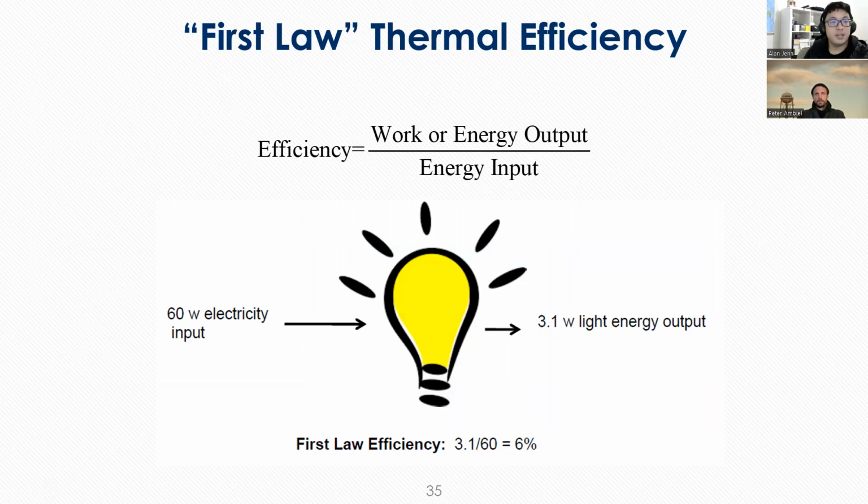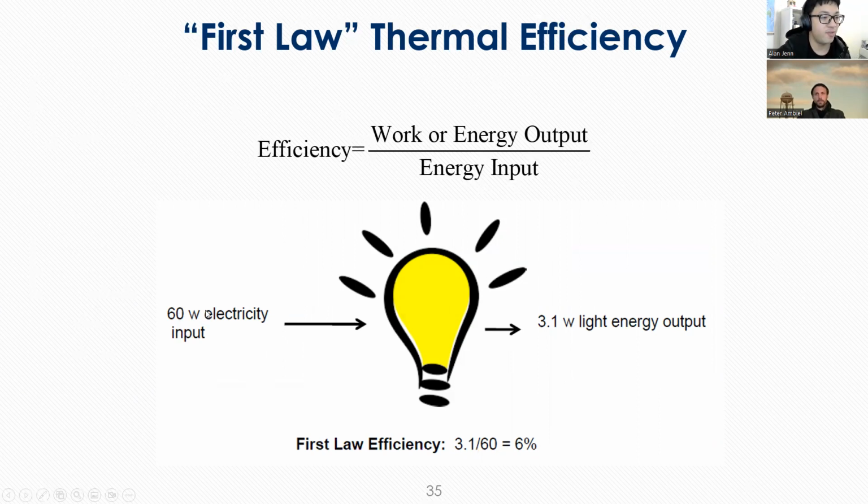Similarly speaking, another example of a thermal efficiency that we could be talking about here. You could do it by work or power input and output as well.